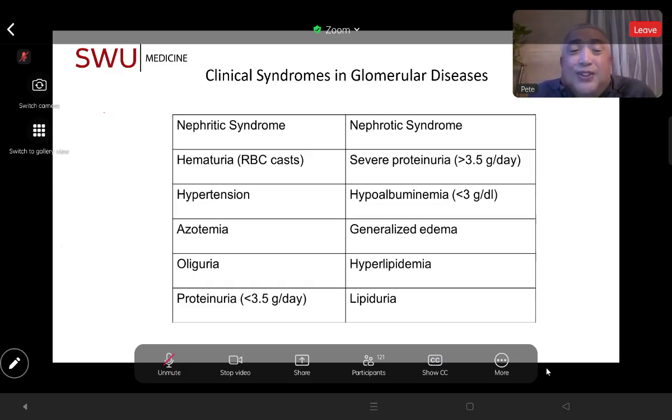Okay, for nephrotic syndrome, when I was a little boy, I had a friend in elementary school. He was pale, and I envied him because his urine was red and my urine was yellow.